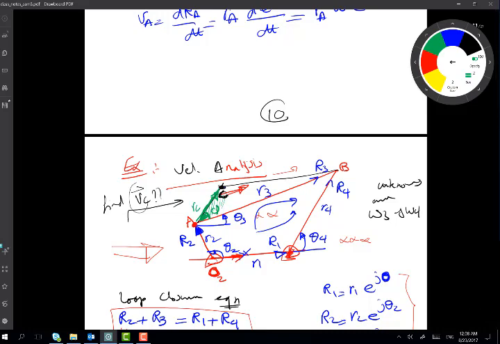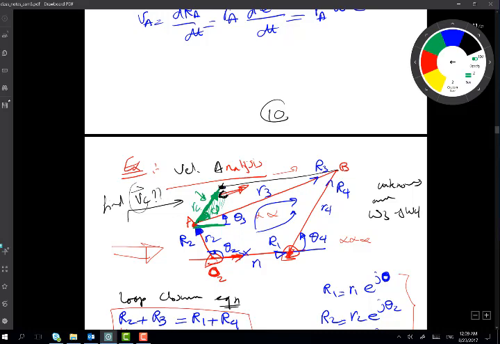So now you can say VC and write the expression to do that. Don't forget that you can have a position vector for C relative to A, RCA, which will be equal to RC e to the j, and the angle will be theta 3 plus phi.